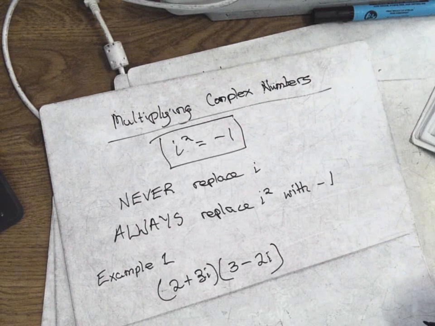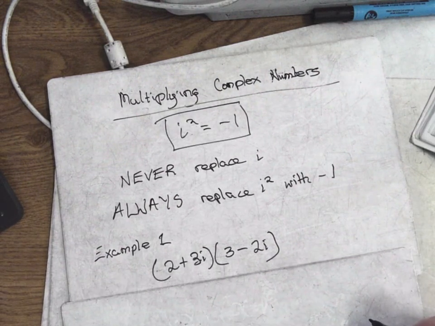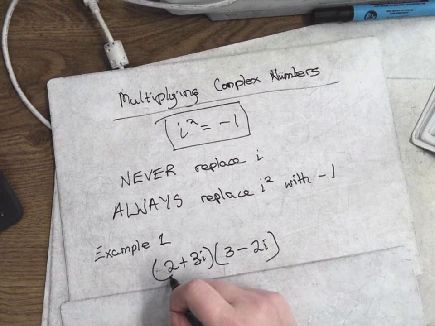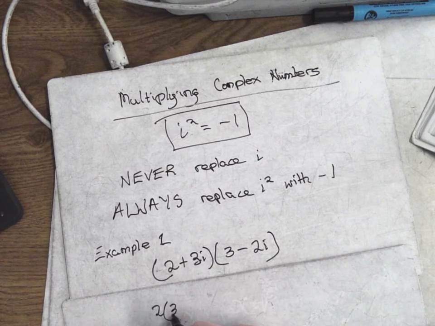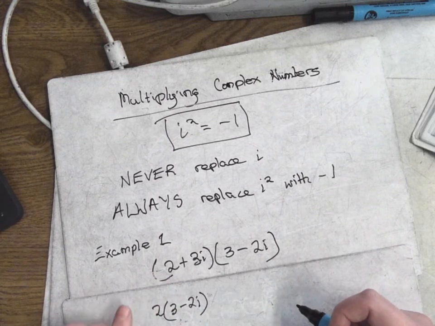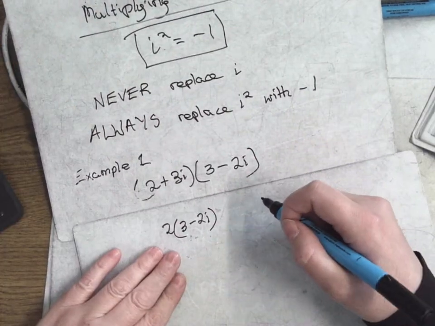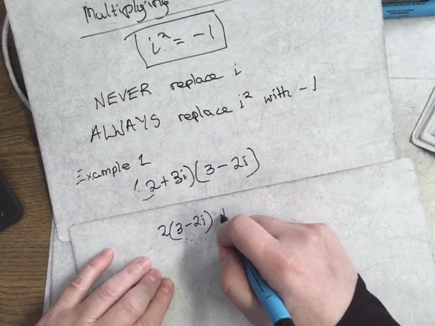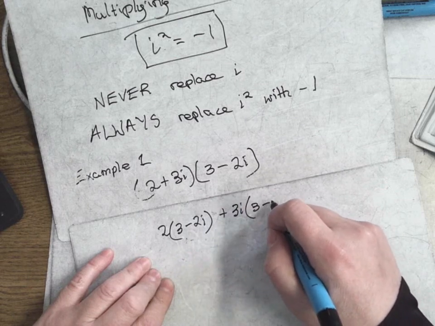Well, how do I do it? Yeah, split up the first bracket, write the second bracket down twice. So I'll take the 2 and I'll multiply by the second bracket, which is 3 minus 2i. And then I'll take the rest of the first bracket, which is plus 3i, and I'll multiply it by the second bracket.